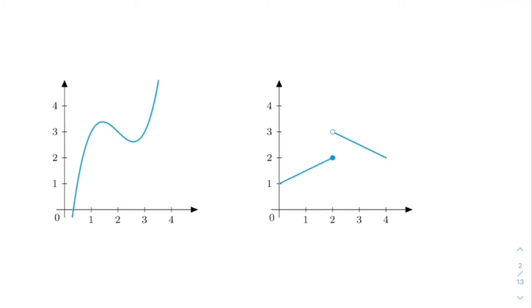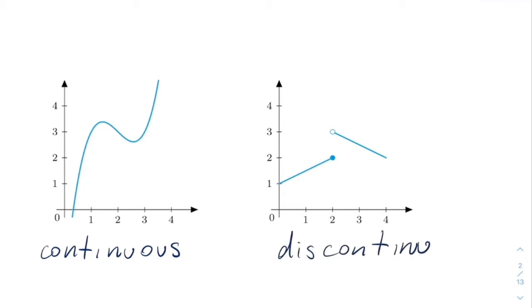In the second example, we can start drawing it, but now at this point we have to jump to get to the other part of the function. So we have to lift our pen, and then from there we can start traveling again. So in this case, we say that the first one is continuous and the second one is discontinuous.